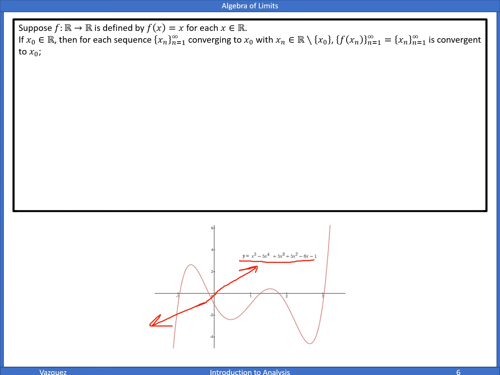Anyway, if x naught is in R, then we're just basically using a theorem from before, from last section, that if x_n converges to x naught, with all x_n not being equal to x naught, well then f of x_n is equal to x sub n.